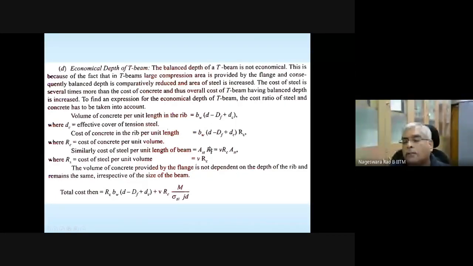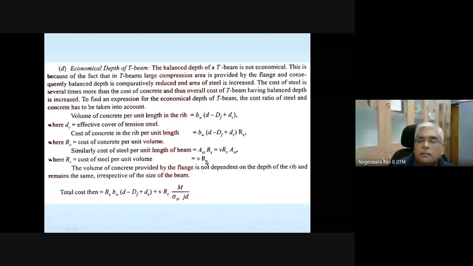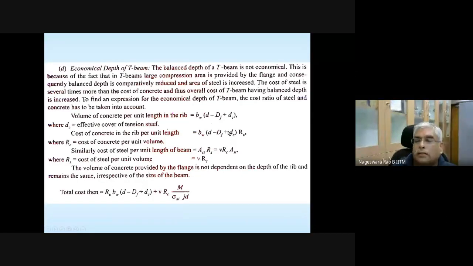And if you know the cost of steel, similarly the cost of steel per unit length of beam is given by the area of steel multiplied by the cost of steel, or if the cost of steel is expressed as a percentage of the cost of concrete, you can express it in this manner, where this mu is nothing but the ratio between the cost of steel to the cost of concrete. If you add these two, you get the overall cost.